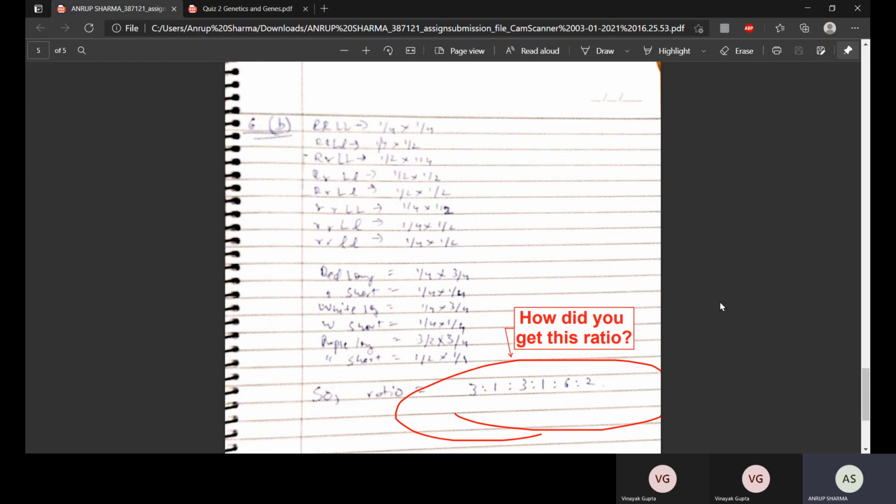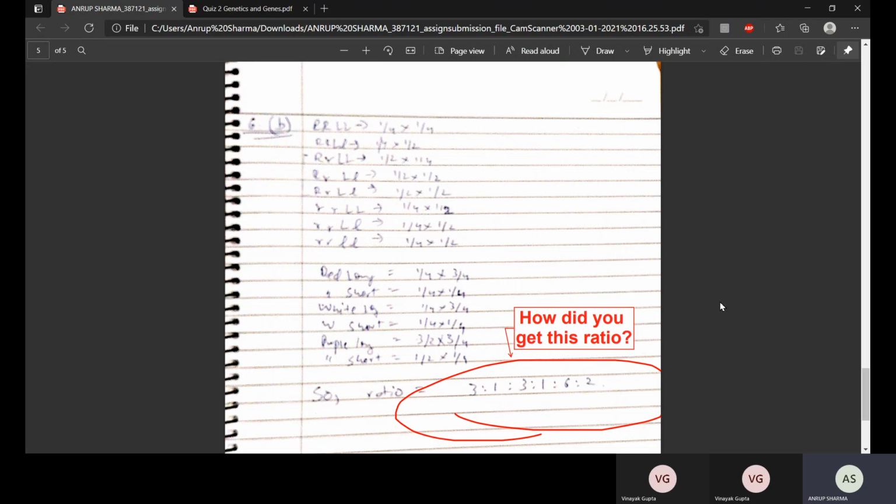If true-breeding red long radish is crossed with true-breeding white oval radish, what will be the phenotype of F1? And if you do a cross of F1, what is going to be the phenotypic ratio in the F2 generation? Now let's go to your answer.